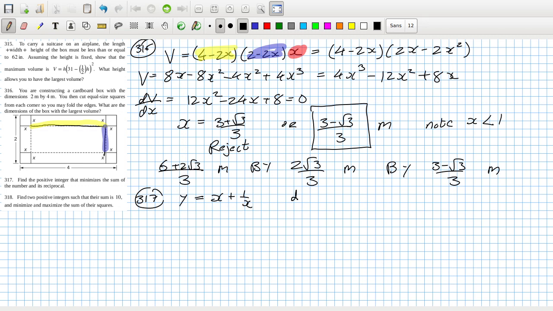All right, so the derivative is 1 minus 1 over x squared. That needs to equal 0. So x needs to equal plus or minus 1. So clearly it has to be, I guess, minus 1, because that would make the sum 0.